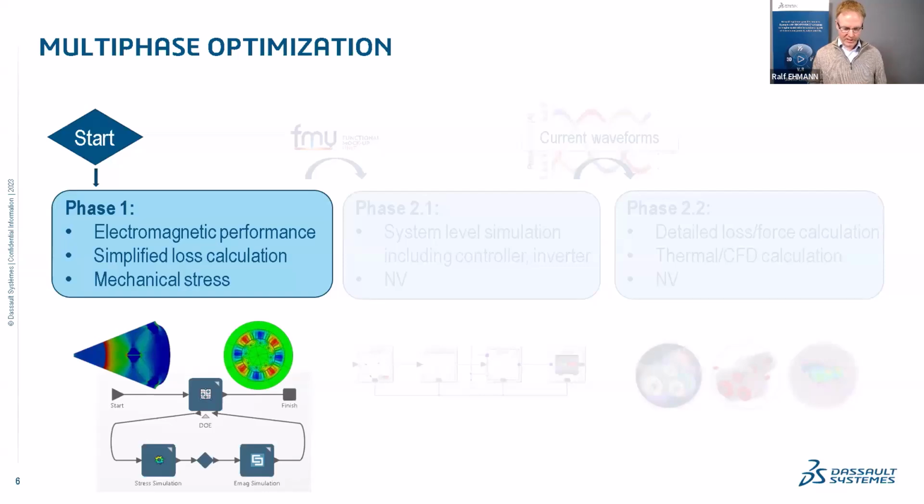So you have structures and electromagnetic KPIs, but there is no exchange between them. Both is done in 2D, and the reason is it should be fast. The design space should be quite big, so many design points, many possible designs have to be investigated, and one wants to find candidates which then go into phase 2.